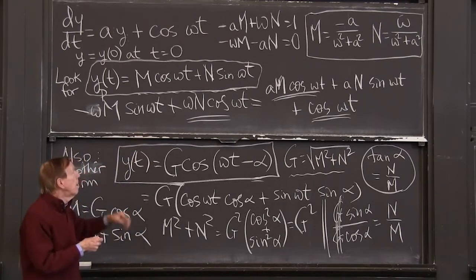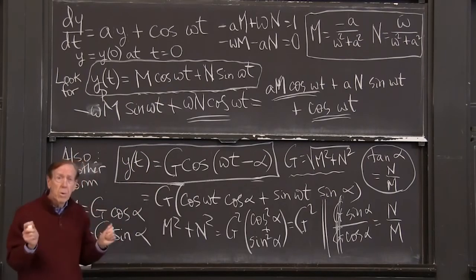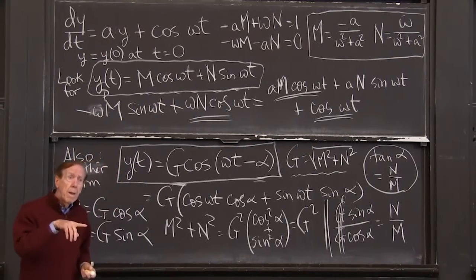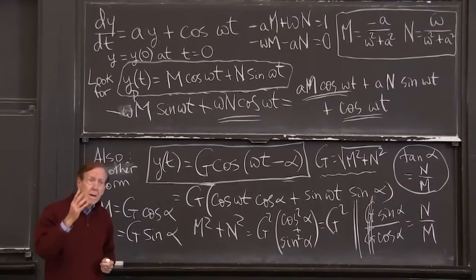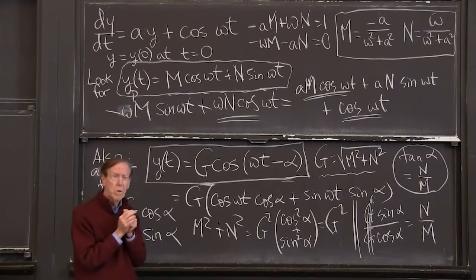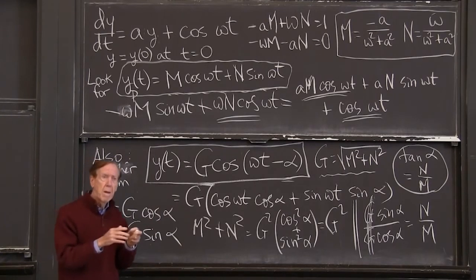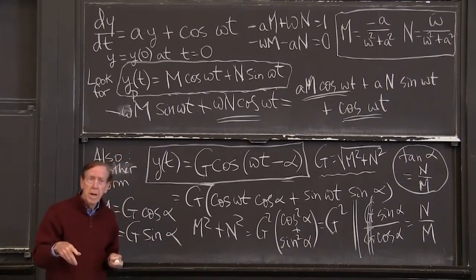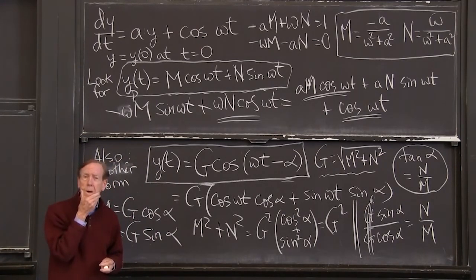If I think about all this that I've done, it was all totally real, but there's a link. The key fact about complex numbers, Euler's great formula, will give me a connection between cosine omega t and sine omega t with e to the i omega t.